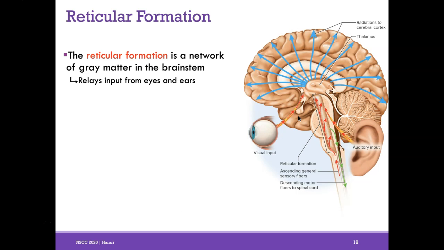There is a structure called the reticular formation, and it's not just one structure. It's a network of structures, gray matter specifically, that runs vertically through all levels of the brainstem. There are over 100 of these small neural networks.